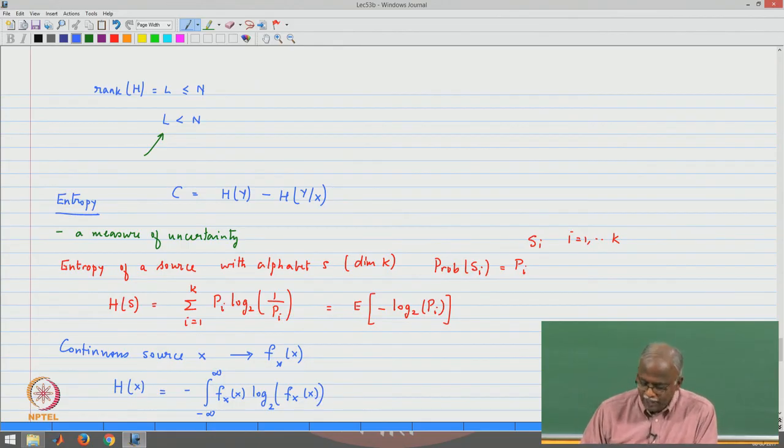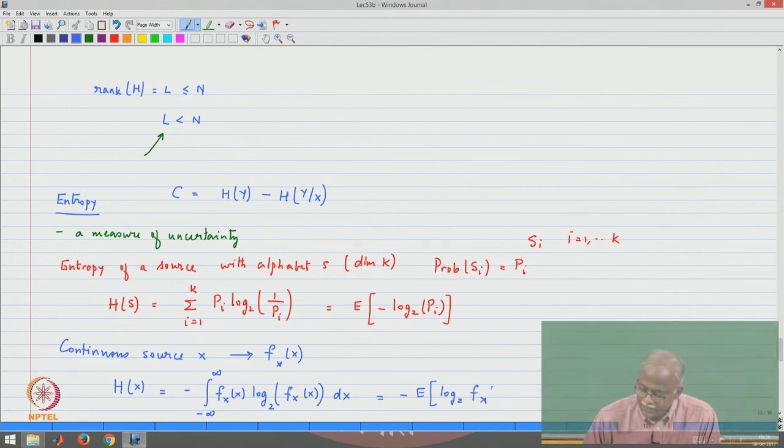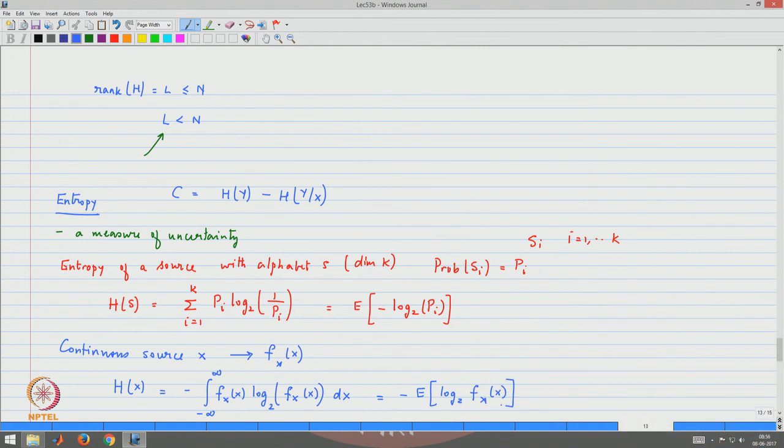Very important that we include the dx. So, this would be our expression for the entropy of a continuous source. This can also be written as minus the expected value of logarithm base 2 f_x(x), and this would be in terms of bits per symbol. This would be the entropy of the source x.